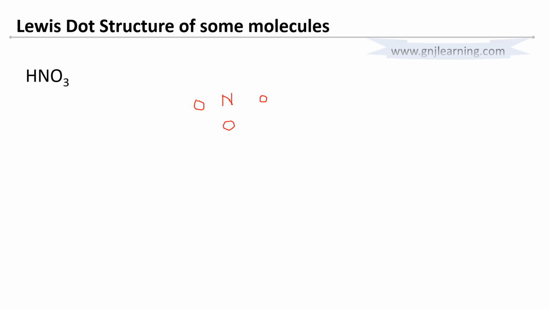Clear? So what was the rule? You have to place the least electronegative atom in the center. But if you look at the molecule, the least electronegative is hydrogen. But while stating that rule, we saw that we should not consider H if the molecule has H, because H can never be a central atom. Why? Because it can form only one bond at a time.